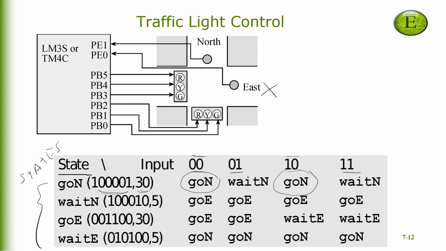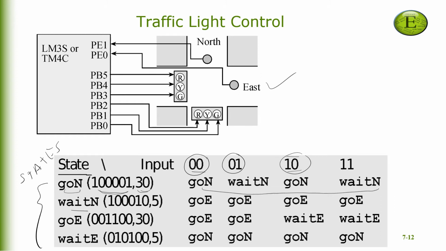However, if there is some traffic on the east, if there are some cars or one car, depending upon the interpretation of the signal, then we go to a different state, which is wait n. So if you are in the go north state, then depending upon the inputs, the next state is written here in the same row.